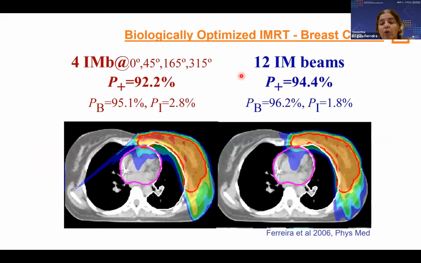We were comparing two plans using different numbers of beams. This plan was computed with 4 intensity modulated beams and this one with 12 intensity modulated beams. What you see is that P+ has increased a little bit more than 2%. So there is an improvement in increasing the number of beams, but this increase is not considerable.